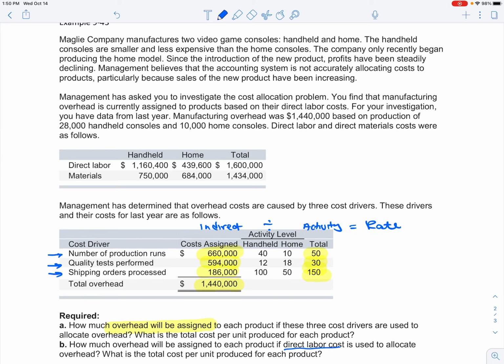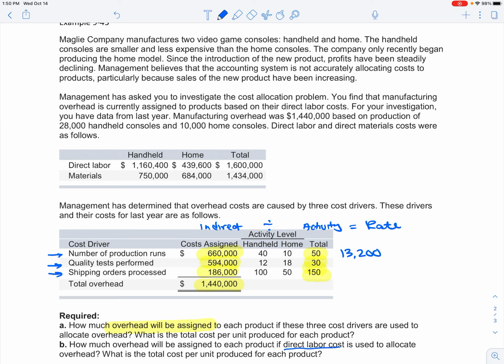So if I take 660 and divide by 50, I should get 13,200. I'm going to make sure I did that right. I think I did.